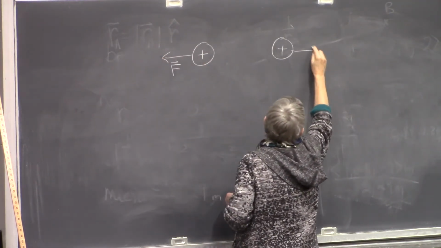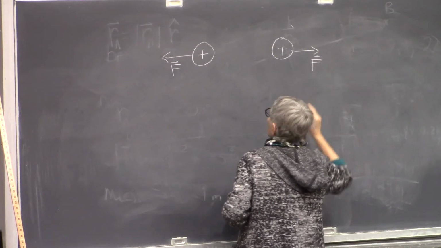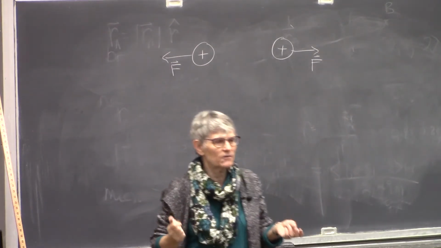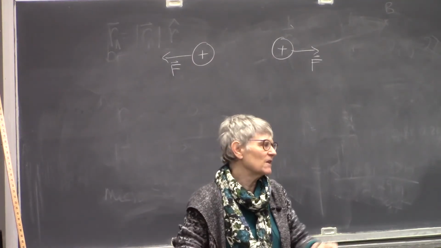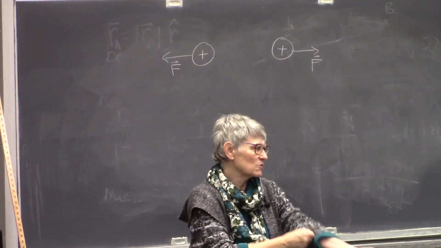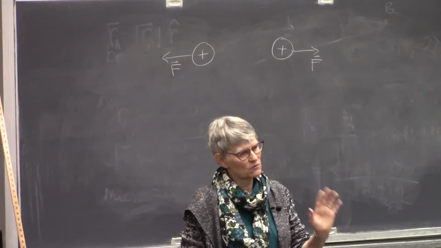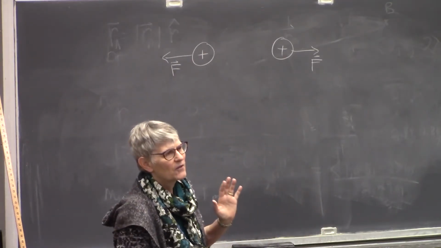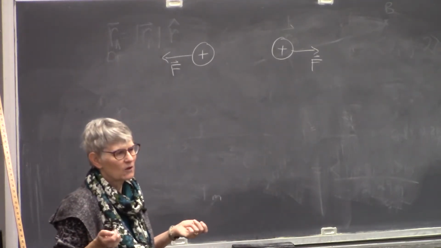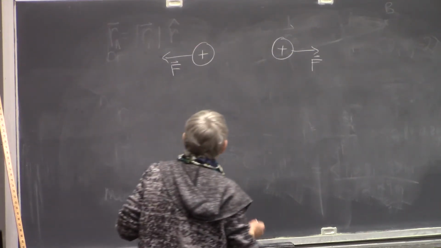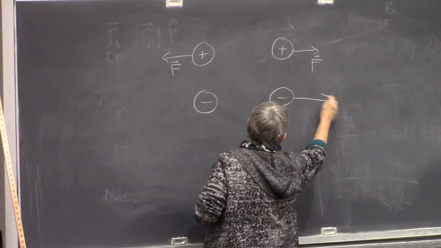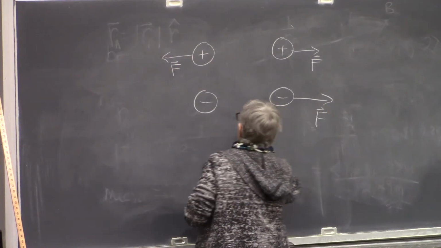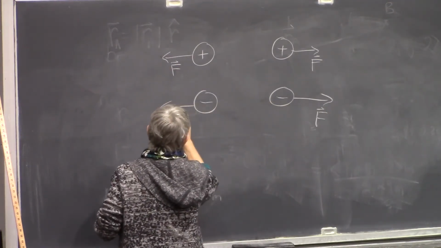Now this is actually really different from gravitational forces because we only know of one kind of gravitational force. Anything with mass attracts anything else with mass. So repulsion is really a thing particular to electric forces. And negative objects also repel each other.